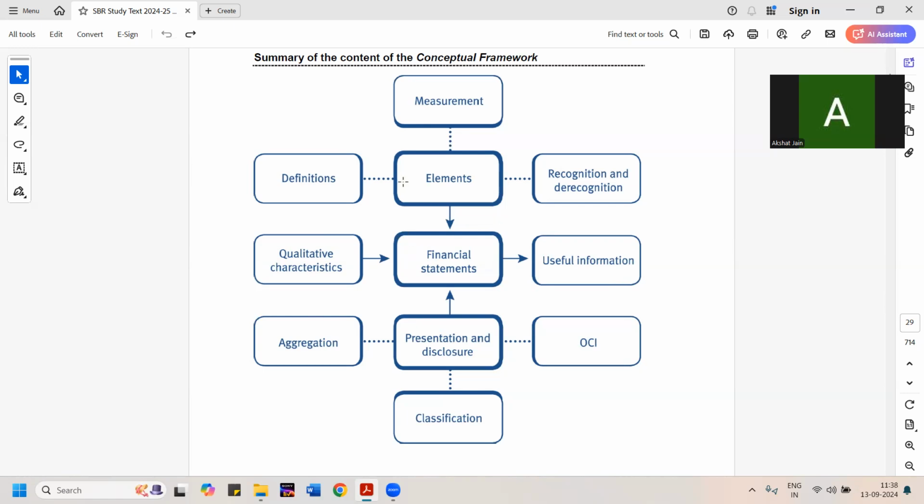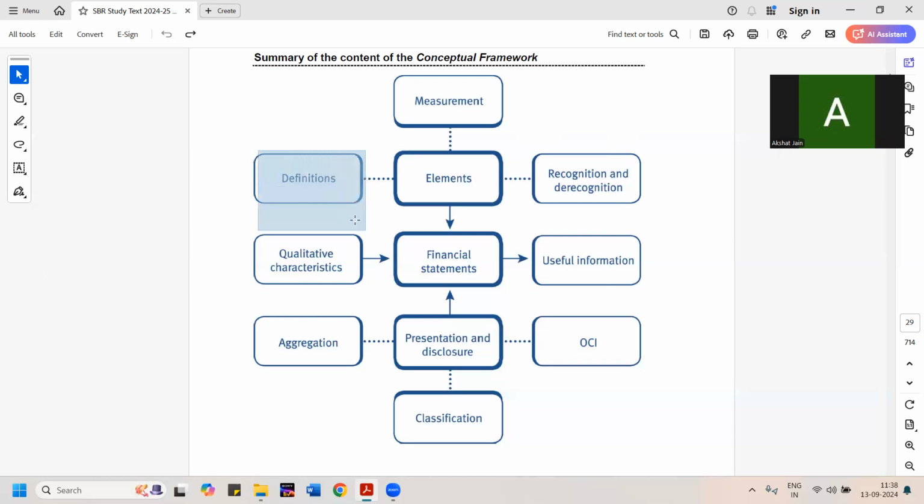The financial statement elements which we're talking about, the conceptual framework helps in understanding the definitions of these elements, how to firstly define a particular element, how to note if a particular expense is a part of a particular element or not, or how to justify whether a particular expense has been made for the creation of an asset or not, what is an asset, what is classified as an asset.